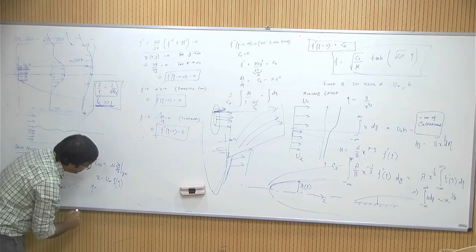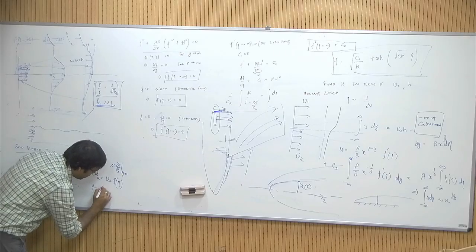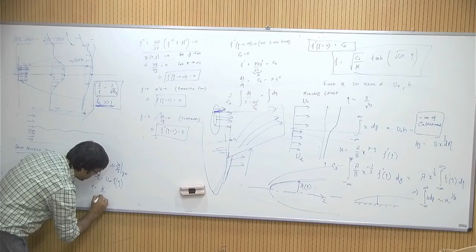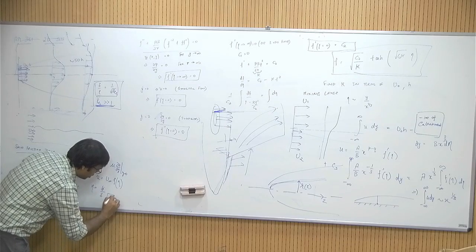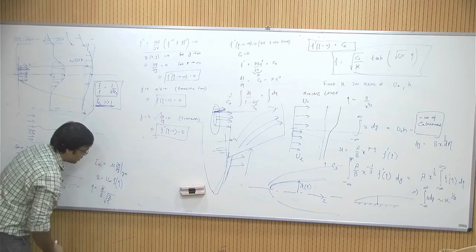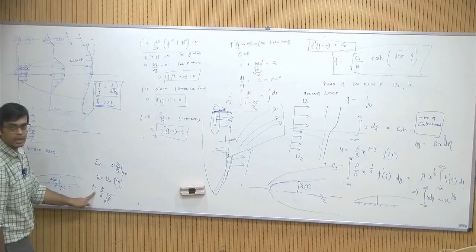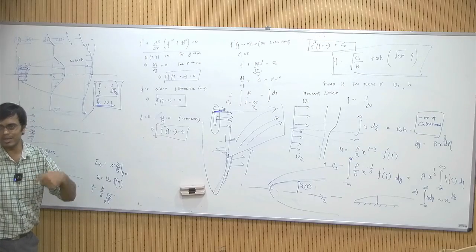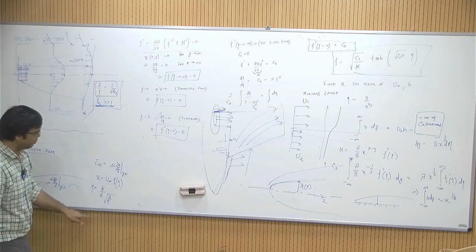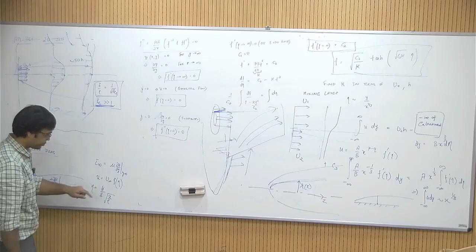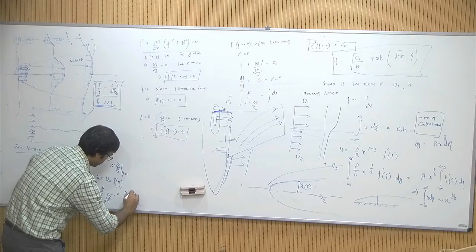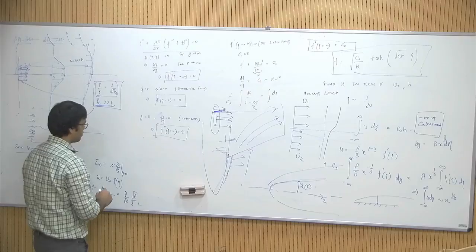If you do it in dimensional quantities, then we have y by delta, and then square root of x by L. If you go back, we had y by square root of cx, and we took c as arbitrarily 1. So this is basically y over square root x times square root L over delta.